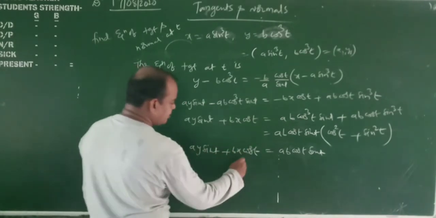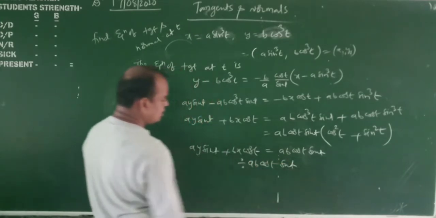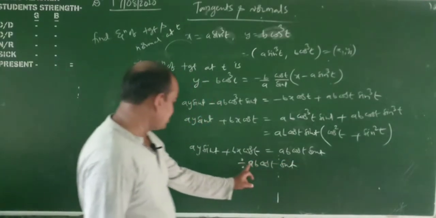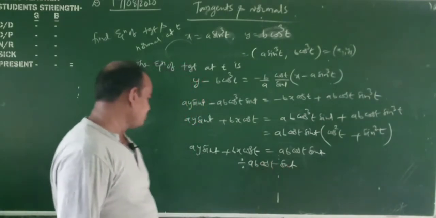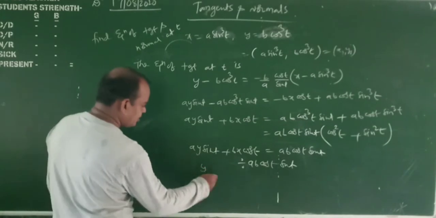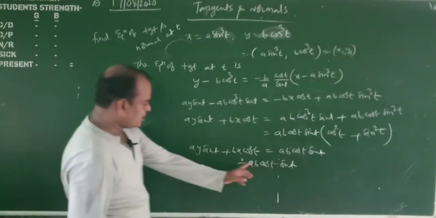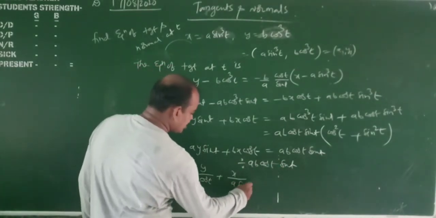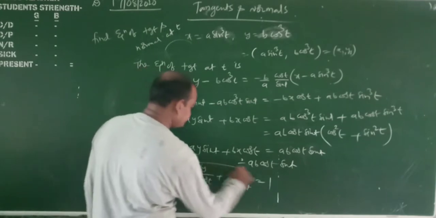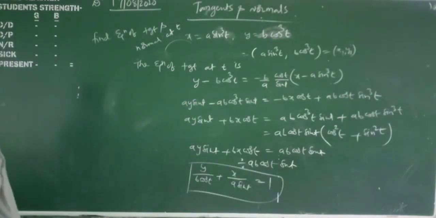After cancelling, the remaining terms are y by b cos t plus x by a sin t is equal to 1. This is the equation of tangent.